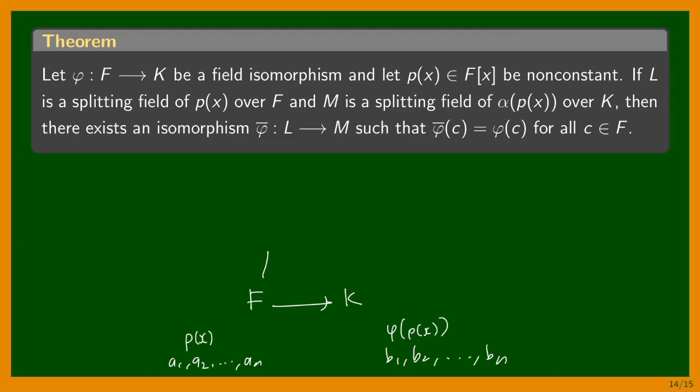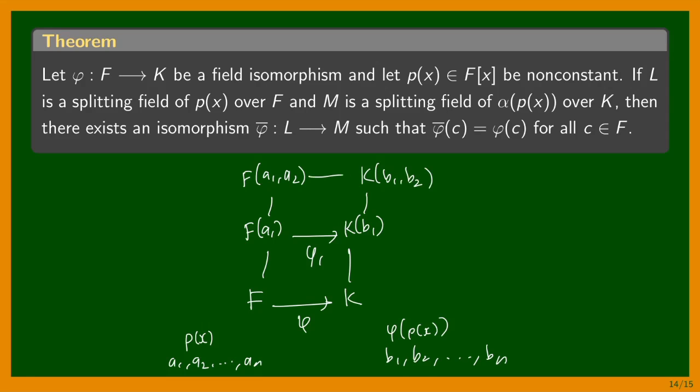Ito si phi. Nandito yung a1, nandito yung b1. Ma-extend mo to into phi 1, di ba? Sabi ng lifting lemma. Extend mo ulit ito: a1, a2, b1, b2, ganyan. May extend ulit yung phi 1 into another field isomorphism phi 2, and so on. Hanggang makarating ka dun sa splitting field.